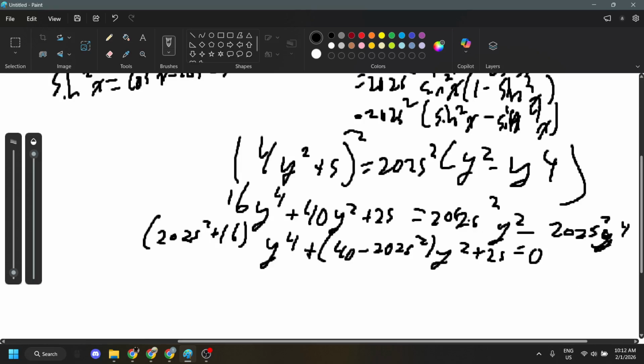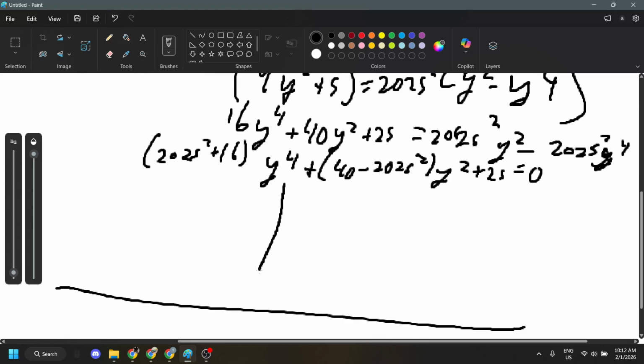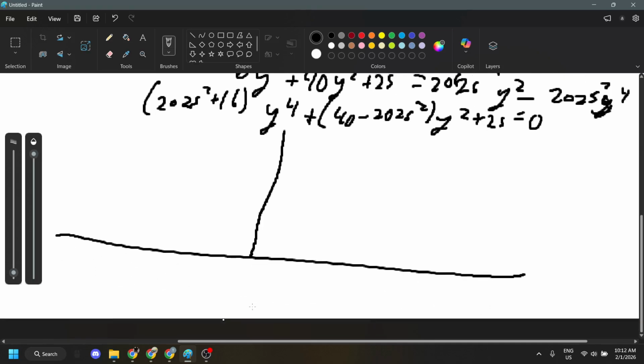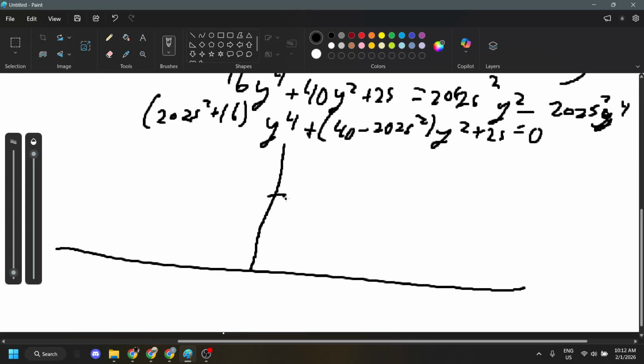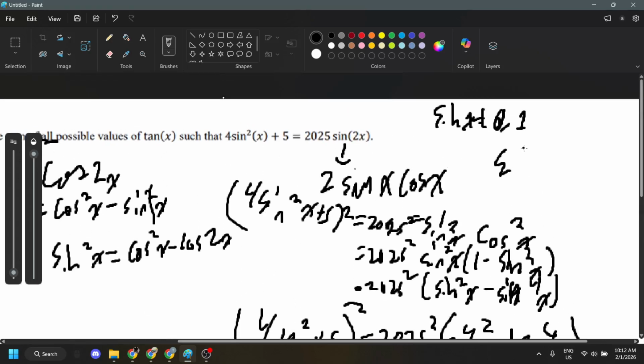If you think about it and try to draw this equation, since there are only even powers, it is concave. I don't know what I'm talking about. It starts here at 25, and then it should be mirrored since it only has even functions. So any zero here will also have a zero here. So maybe the sum is 0, because, no, that's just all the values of sine. The sum of all the values of sine will be 0.